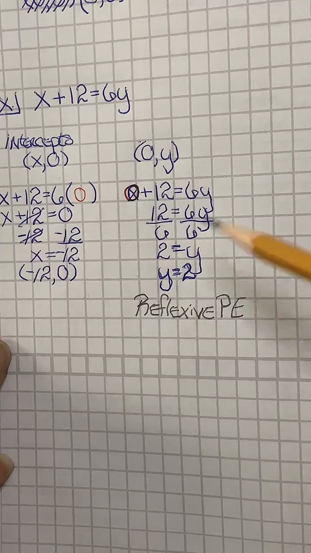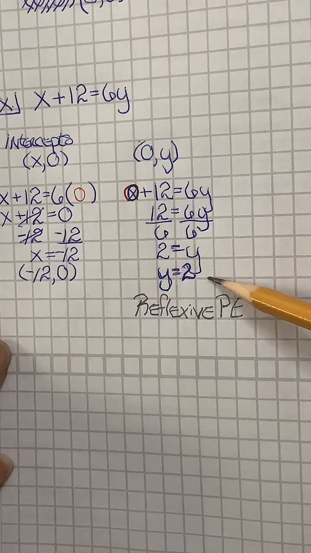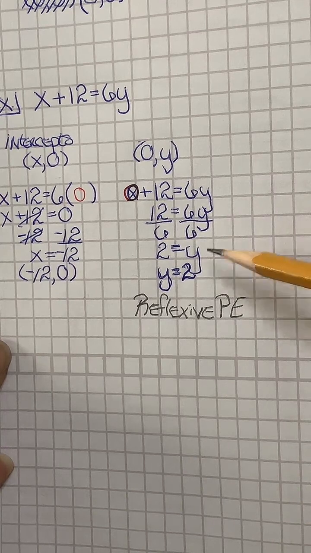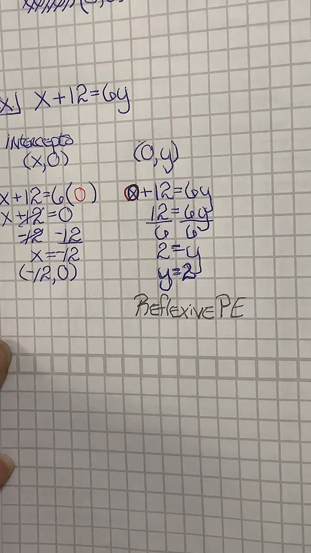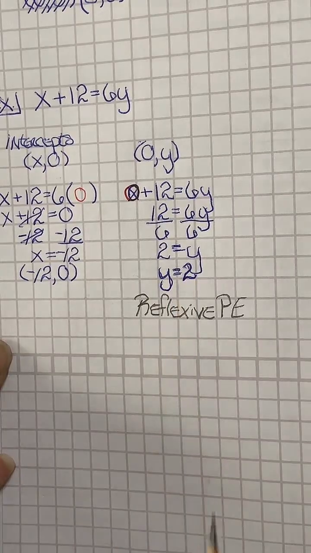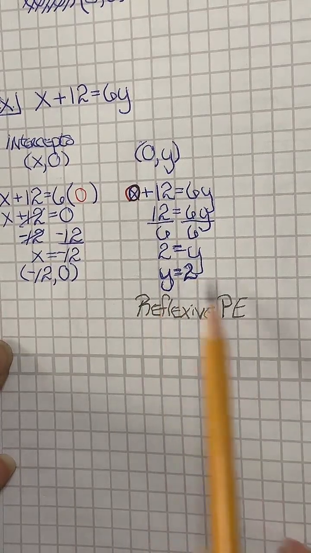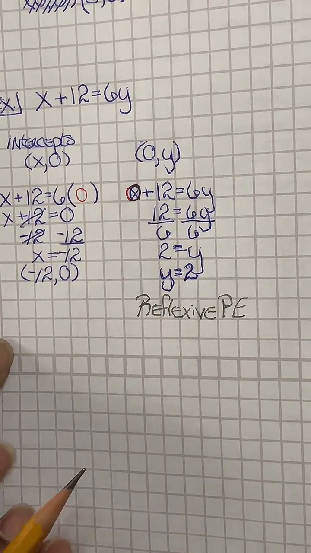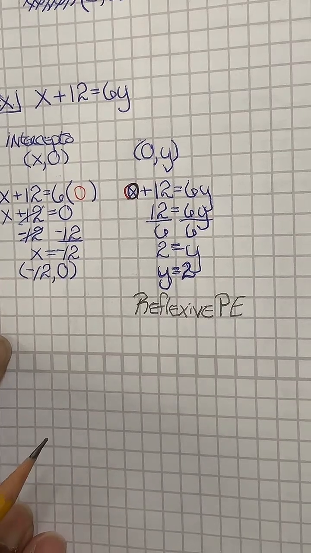And especially when you get into geometry and you're doing proofs, remember your solution should always look like what you're trying to find. So if you do 2 equals y, you've got to finish it out with the reflexive property to make it y equals 2.